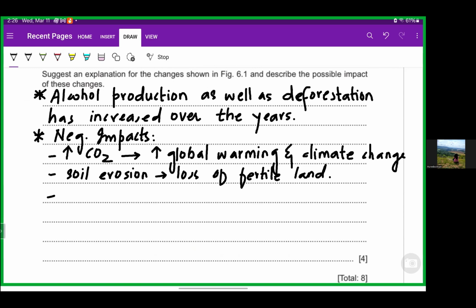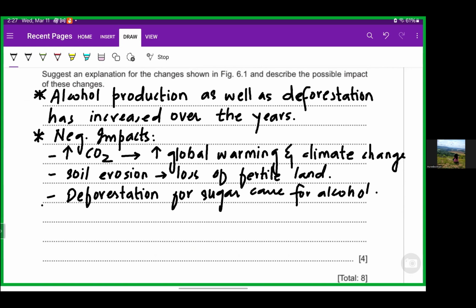So you will be causing deforestation for sugar cane for alcohol production.